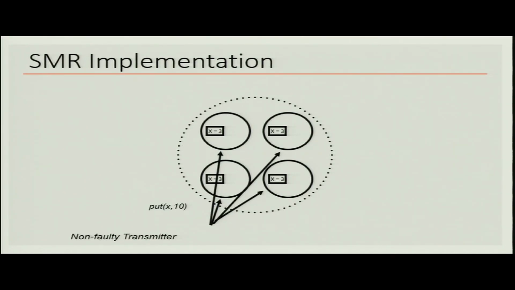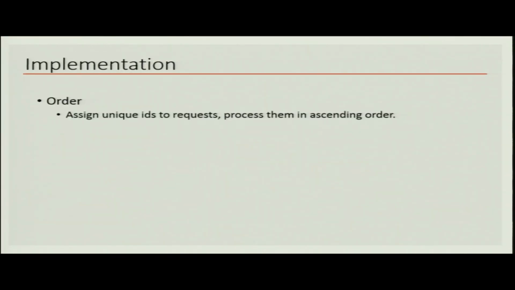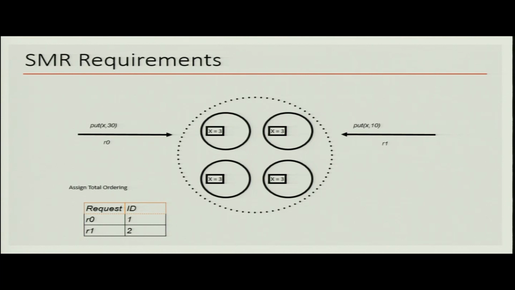So, if the transmitter is non-faulty, everybody will get the transaction, and then the ordering is done by assigning IDs. R0 may be given an ID and R1 may be given an ID, but eventually everybody should decide on the same ID. If the IDs are given from an ordered set, then the increasing order will decide what the order of transactions will be.